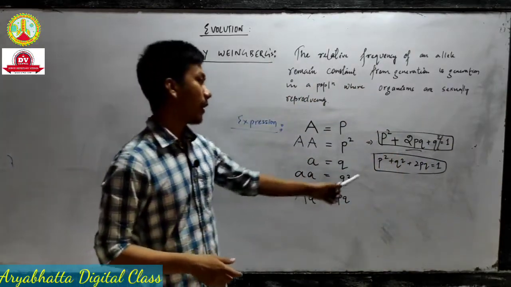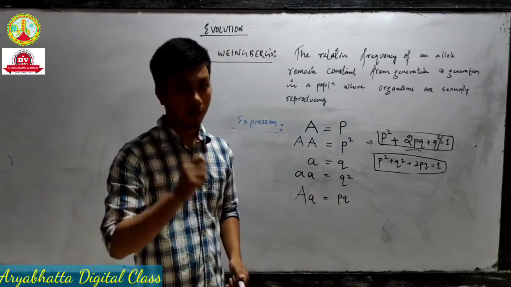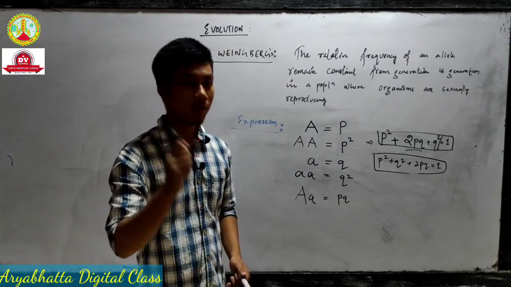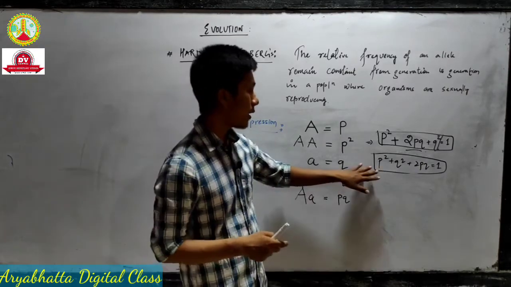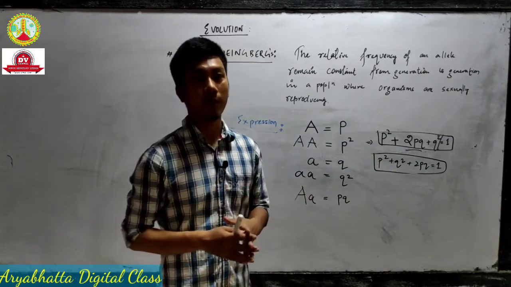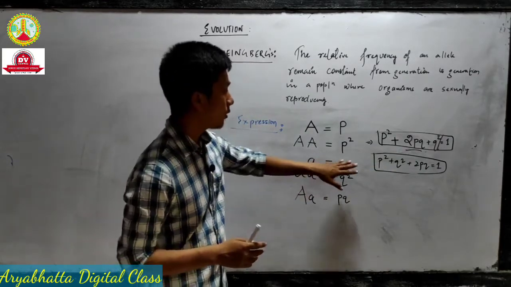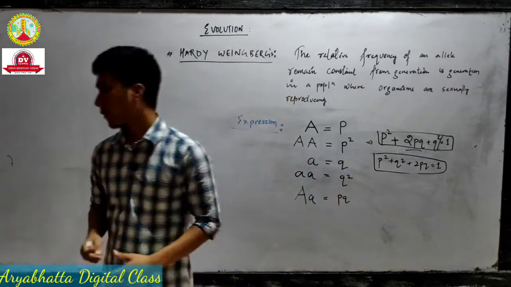This is the formula. P stands for dominant, Q stands for recessive, heterozygous stands for PQ, but when you write the formula, we write P square plus Q square plus 2PQ equal to 1. With this formula, we're going to solve some problems.